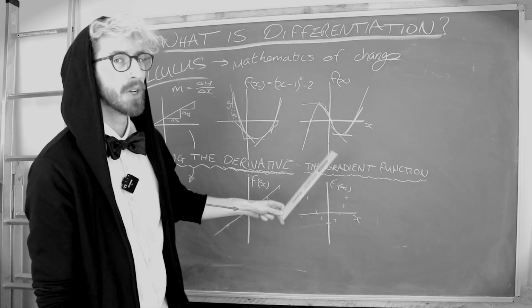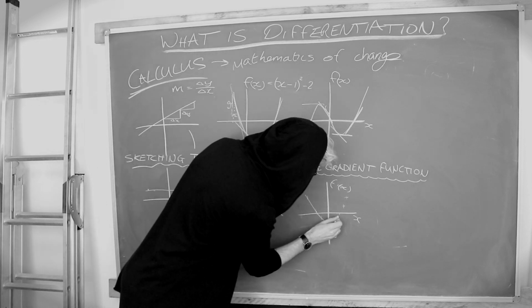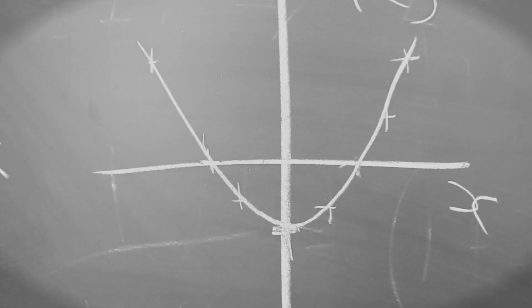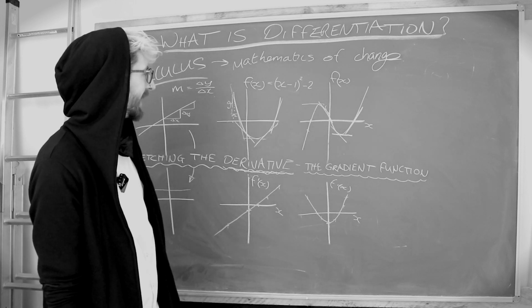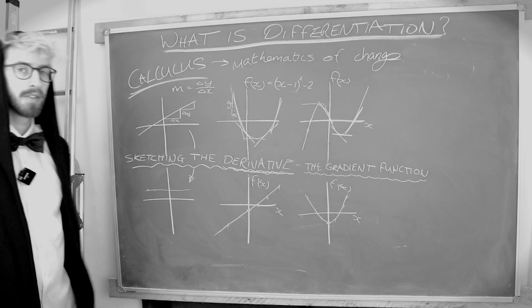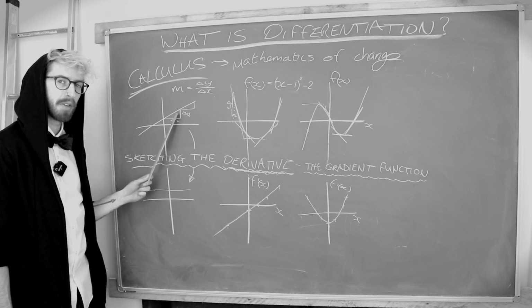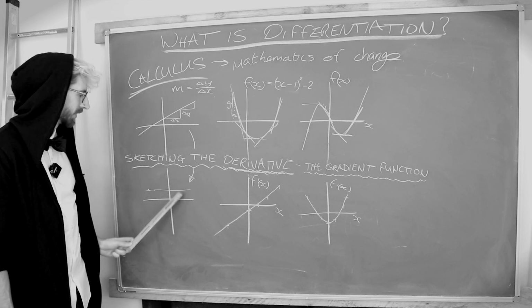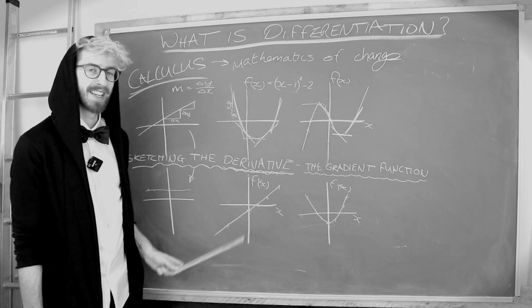Now, those points on this plot, they look like a quadratic. In fact, they are a quadratic. And that's an interesting point, because if you sketch the derivative of a linear, you get a flat line. Sketch the derivative of a quadratic, you get a linear.